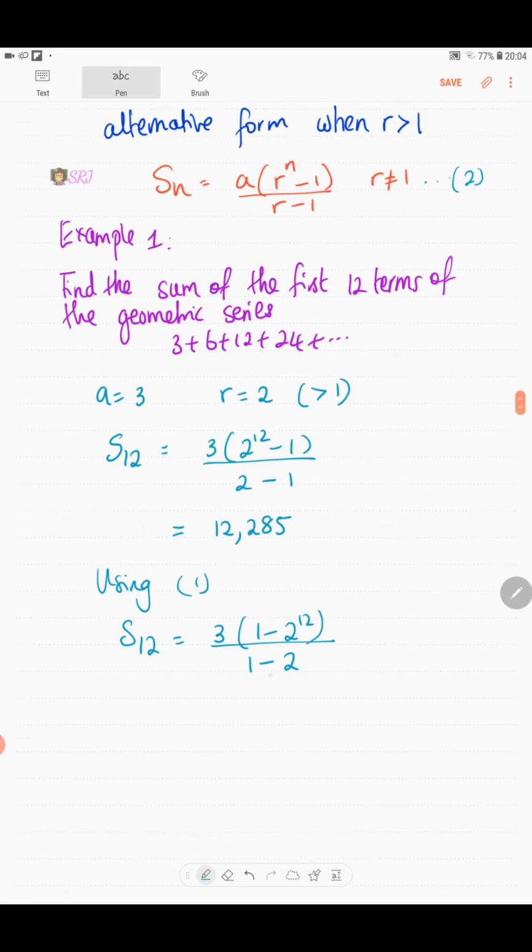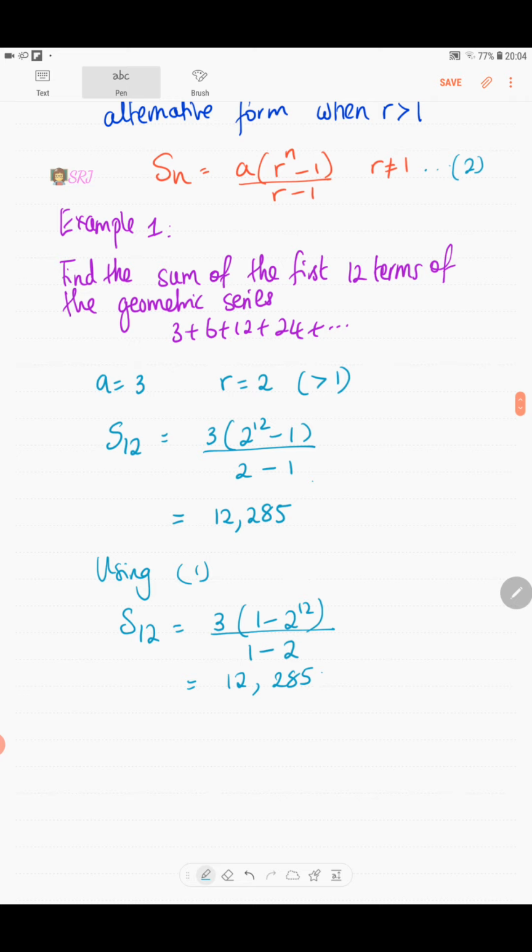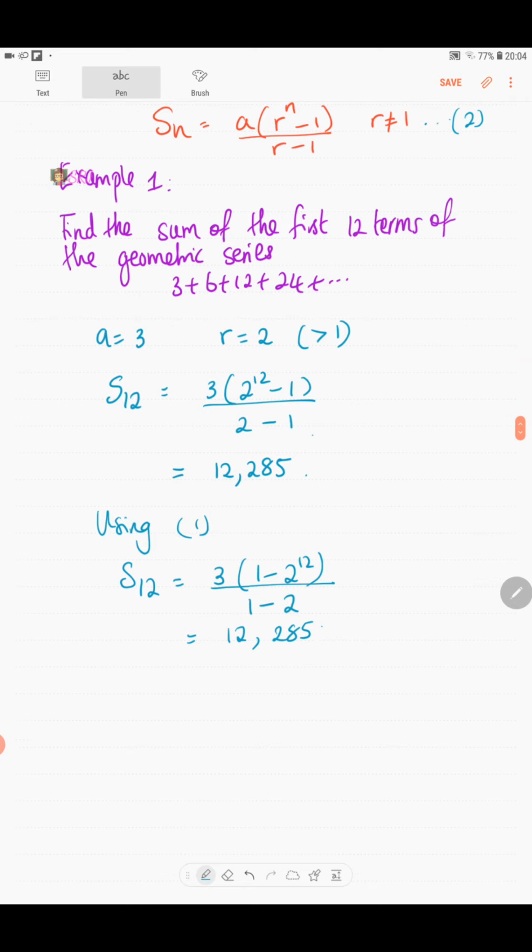Here in the denominator, we would have obtained a negative answer, and also in the numerator, this would have been negative. So just to avoid negative fractions, we prefer to use the second formula here. This again gives the same answer. So we can use either of these two formulas.